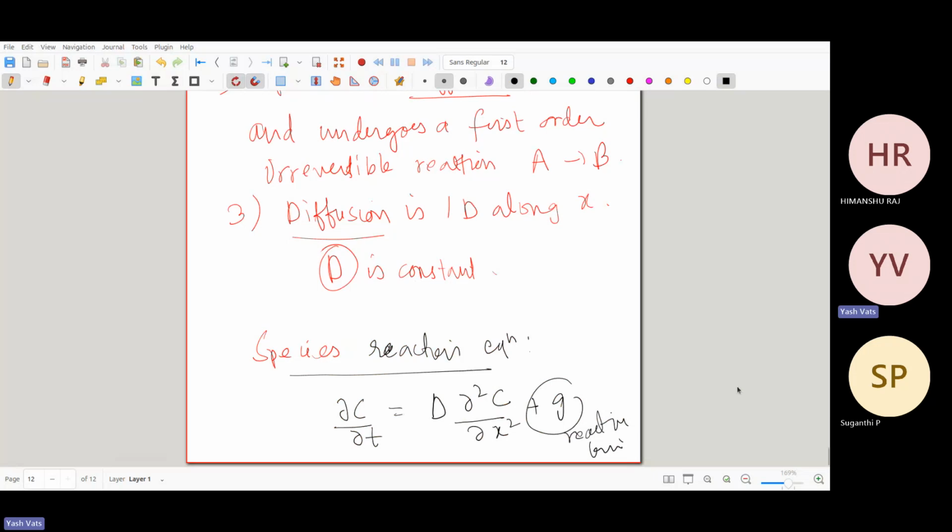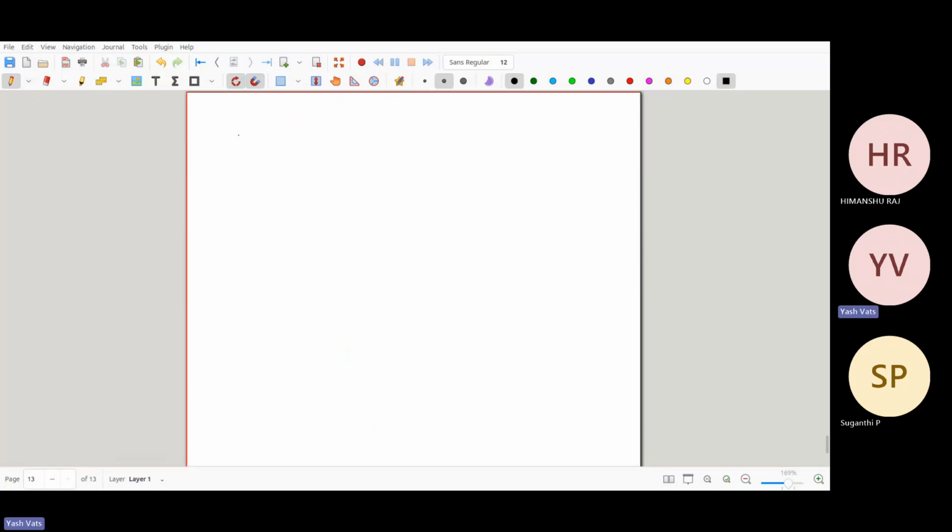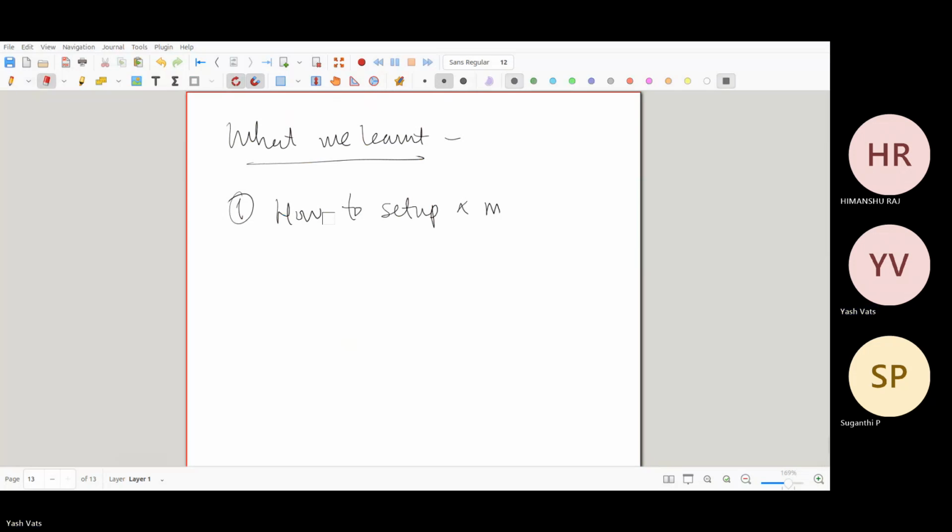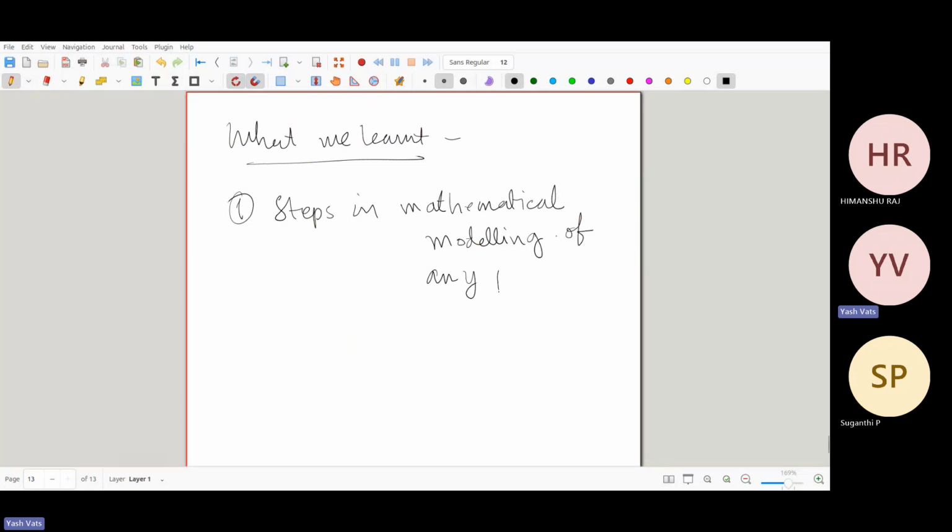Okay, so what we learned today: firstly, we learned the steps in setting up a mathematical model of any process in general.